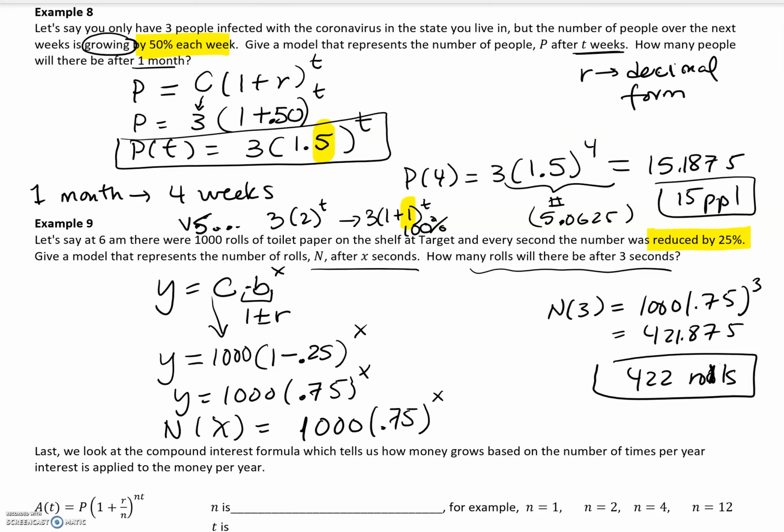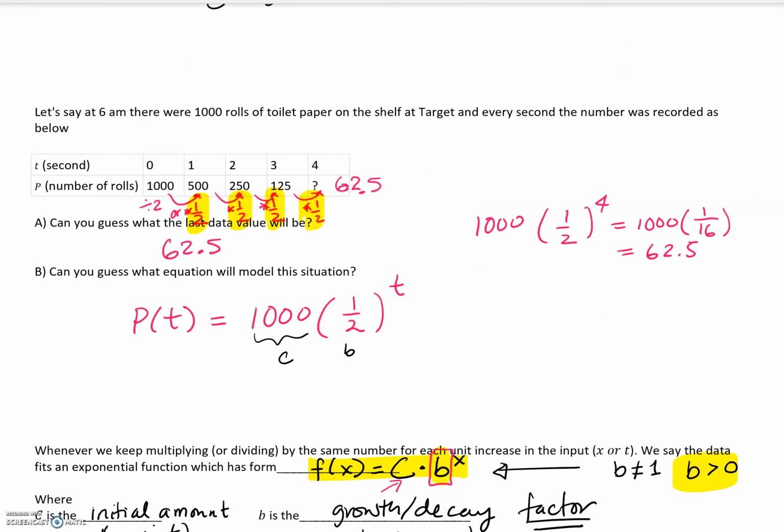Versus, let's go look at the beginning when we had the case where people were, I think, grabbing the rolls much quicker. What happened in that case at 3 seconds? So here we have 422 rolls with 25% reduction every unit of time, meaning my base is 0.75. Versus, remember this problem where the base was actually a 0.5. So that was a bigger loss per unit of time.